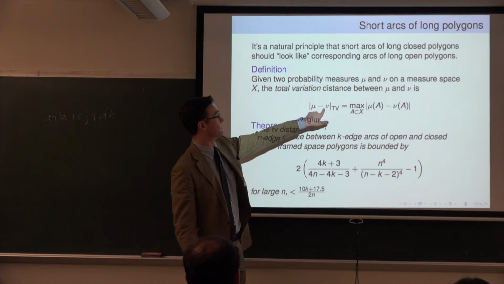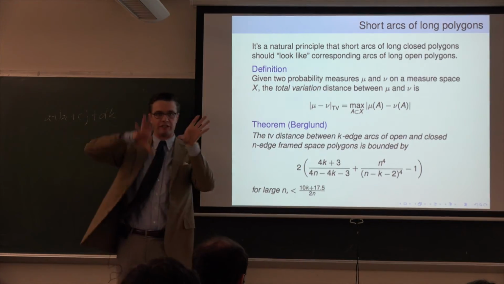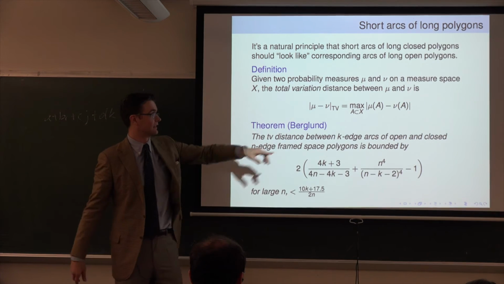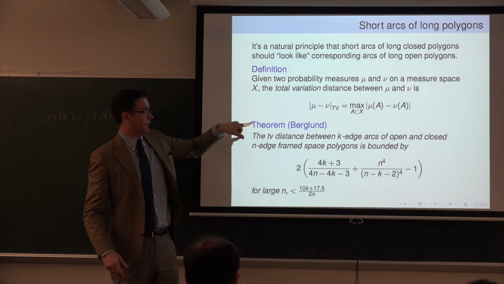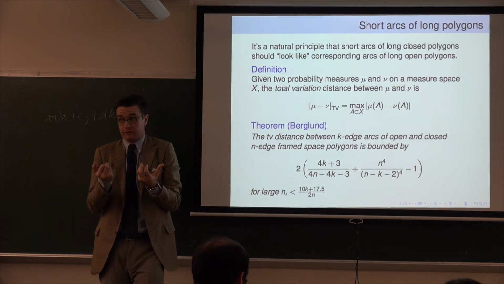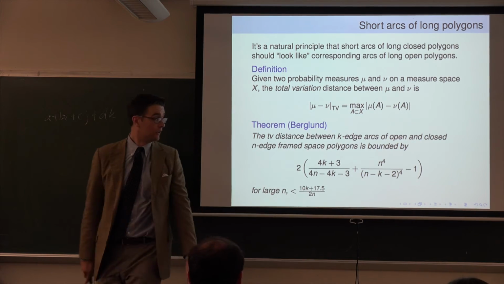It says the distance between two measures on a space is the maximum difference between the measures they assign to two measurable subsets. If two measures are close in this sense, they're close in pretty much the strongest possible sense, because you're taking the worst case scenario of where they differ.